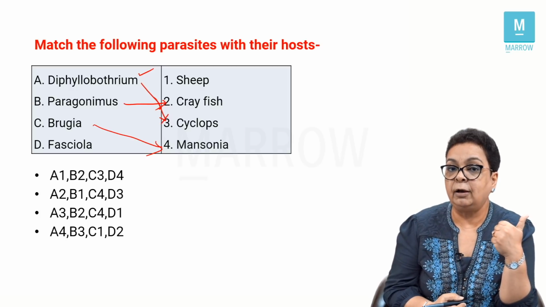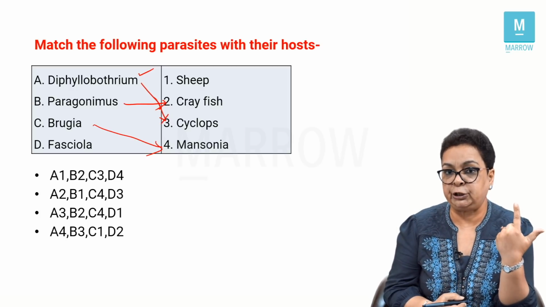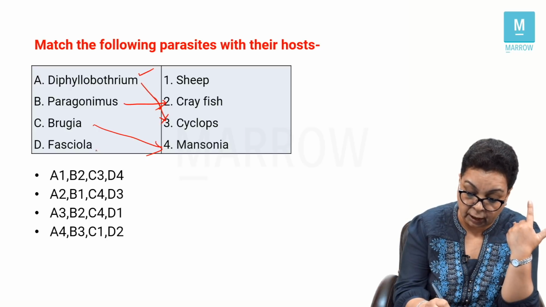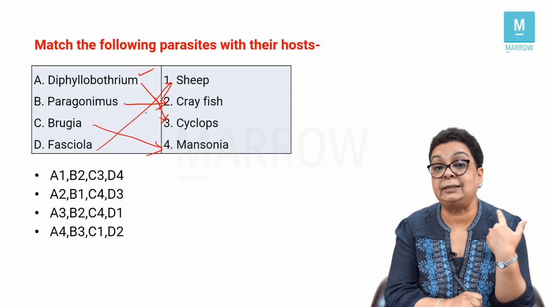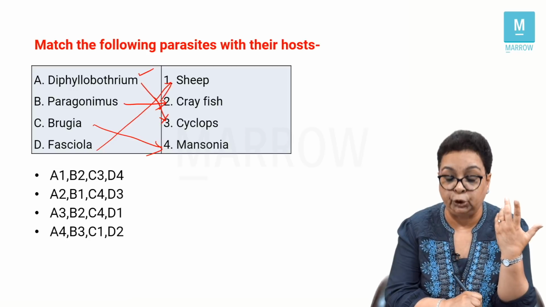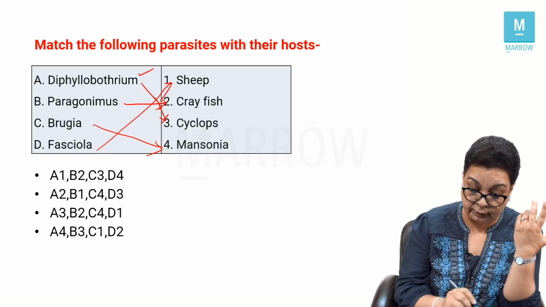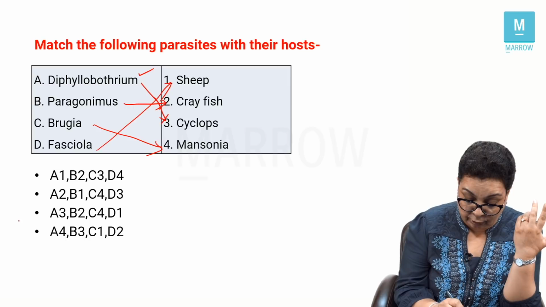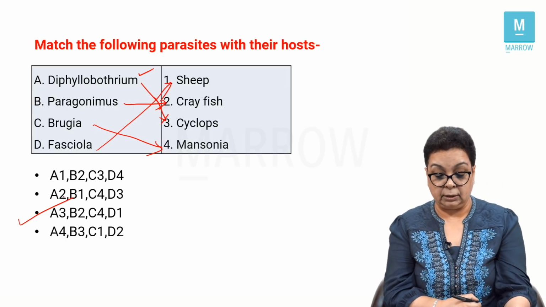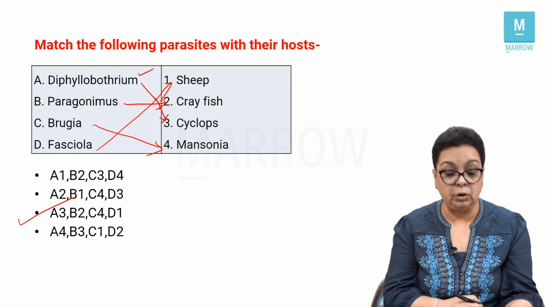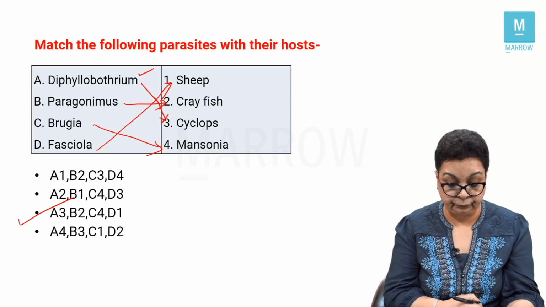One is snails, the second one is freshwater plants, right? And sheep also can act as definitive host apart from humans, right? So our answer is A3, right? That is our answer. So very important to remember all the hosts in the life cycle.